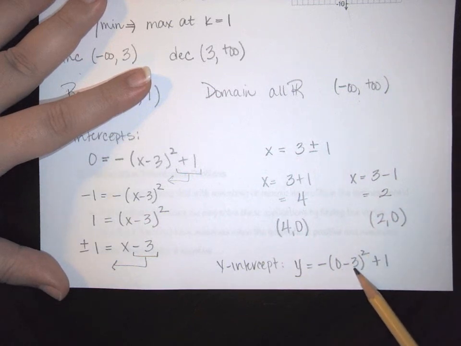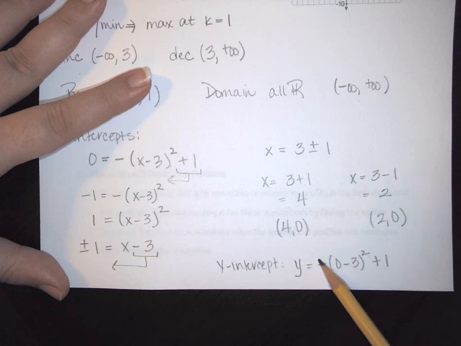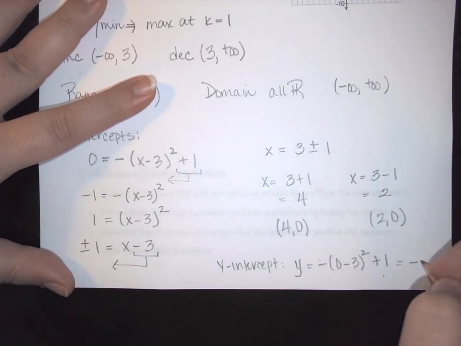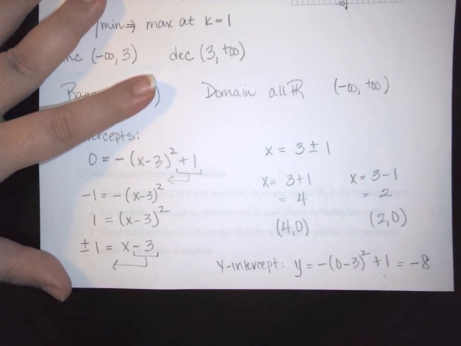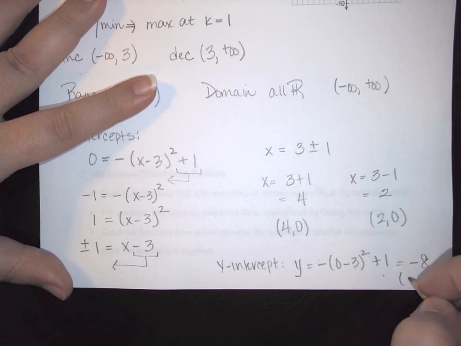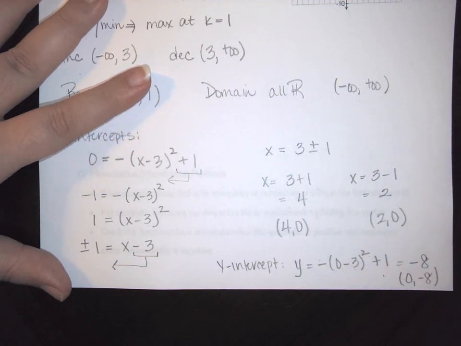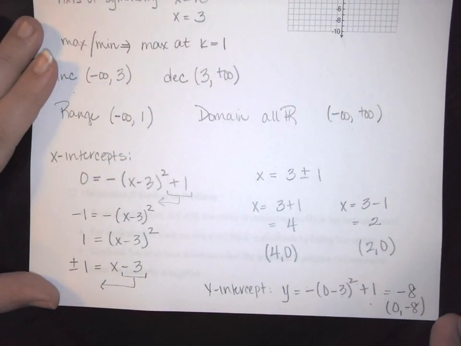So 0 minus 3 is negative 3, squared is 9. Apply the negative is negative 9, plus 1 gives you negative 8. So your y-intercept is going to be at the point (0, negative 8). And now we can start graphing.